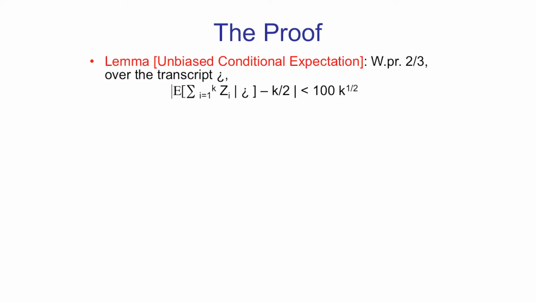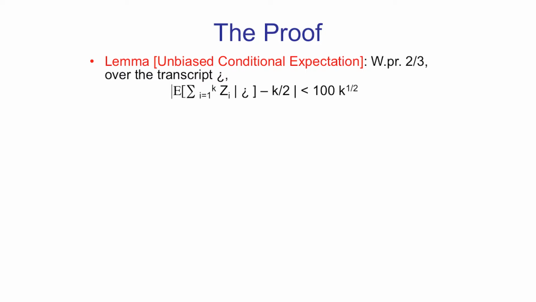The first lemma in the proof is what I call unbiased conditional expectation. What I'm saying is, with probability 2/3 over the transcript tau. First of all, what does that mean? It means I choose a uniformly random input, and the deterministic protocol induces a transcript.